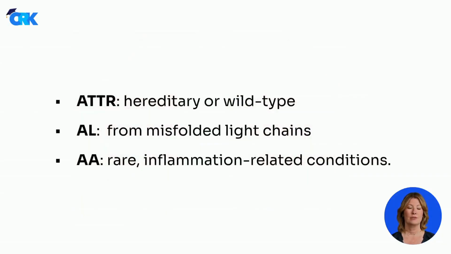So there you have it, the three major forms of amyloidosis that can impact the heart. 1. ATTR, hereditary or wild type. 2. AL, from misfolded light chains. 3. AA, rare inflammation related. Each type has its own pathogenesis, diagnostic challenges, and distinct clinical course. In our following modules, we'll walk through the diagnostic algorithm and emerging treatments available for these life-altering conditions.